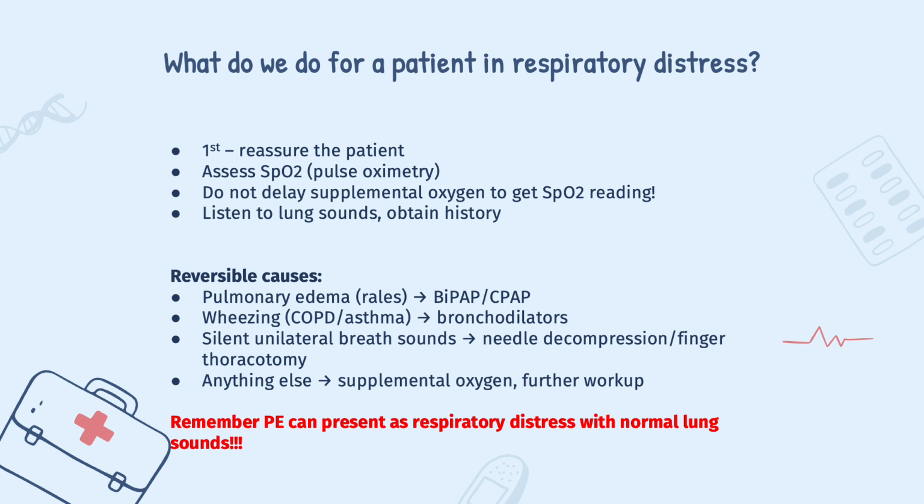That's a really good sign to throw in a needle or a finger decompression and then put in a chest tube. And then anything else, supplemental oxygen, and really further working it up.